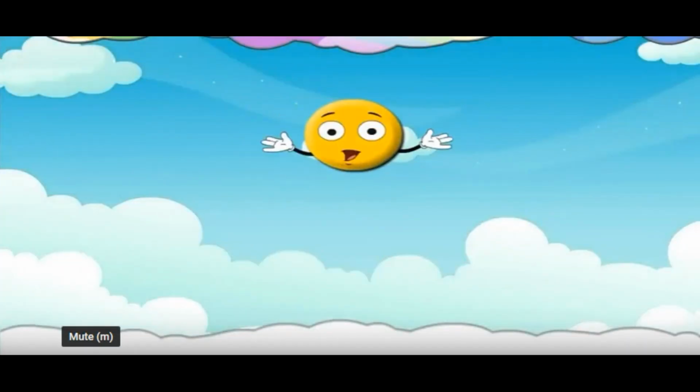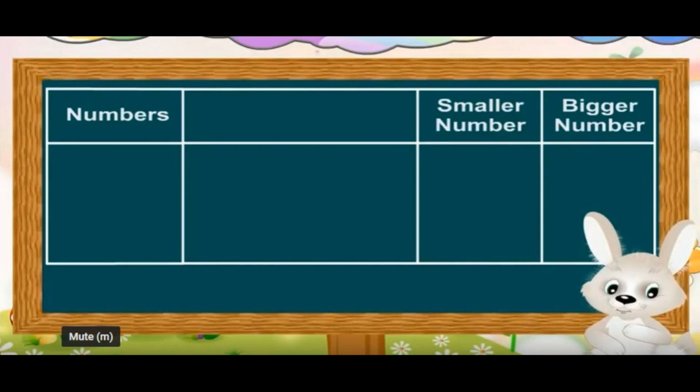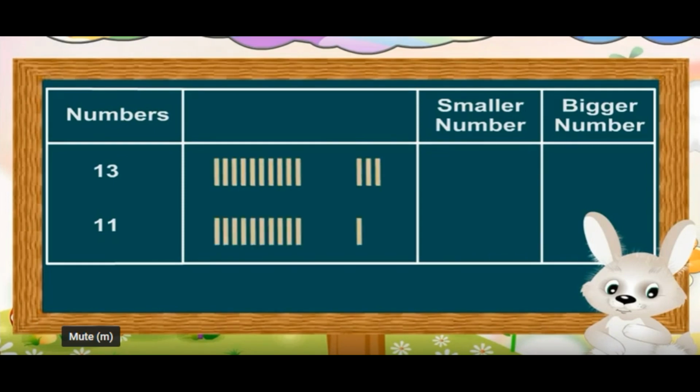Smaller and bigger numbers. Now children, among these numbers, let us find which number is bigger and which number is smaller. Now we have 13, 11. In order to find the bigger number and smaller number, first we'll draw 13 lines for number 13 and 11 lines for number 11.